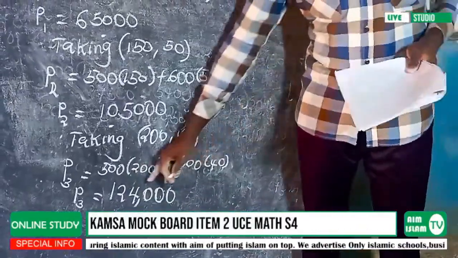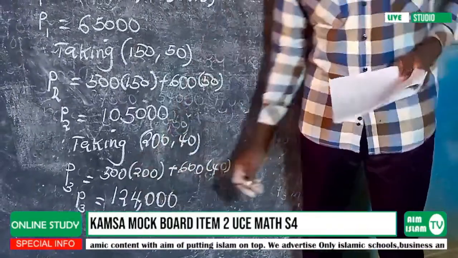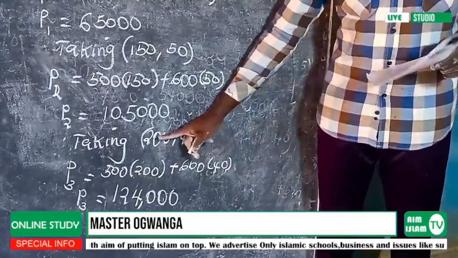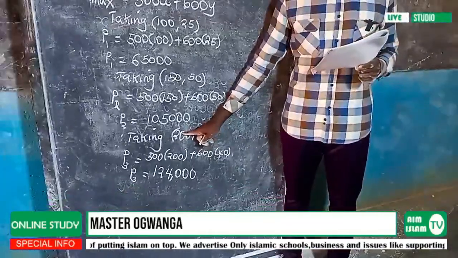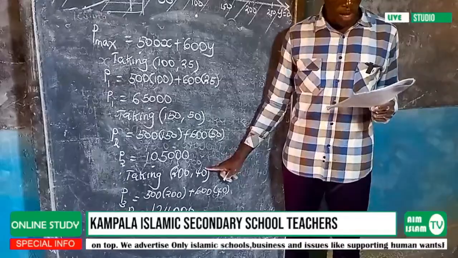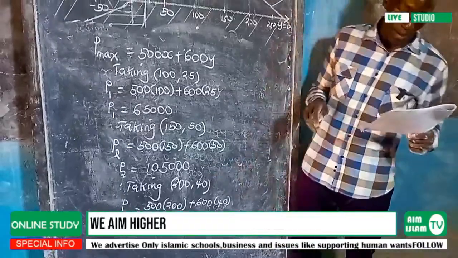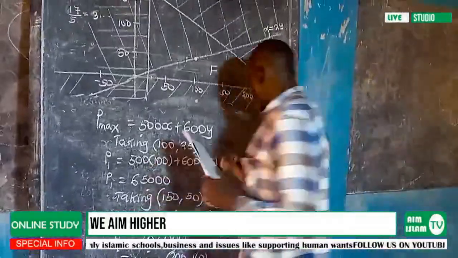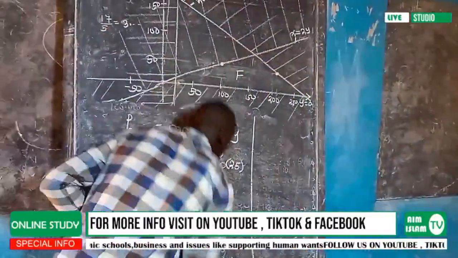You realize that profit 3 is the maximum. And it being the maximum, meaning on paper X, we are supposed to produce 200, and on paper Y, we are supposed to produce 40.